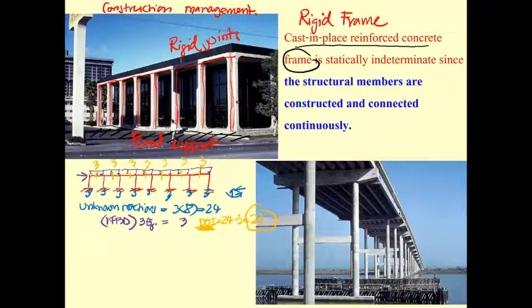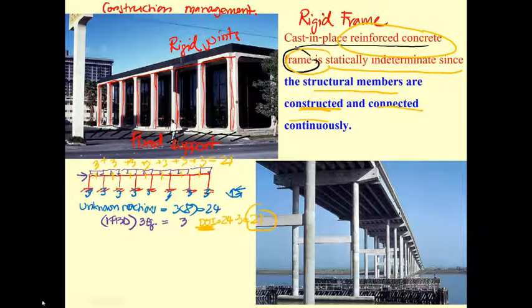This also equals a total of 21 degrees of indeterminacy. Okay, the RC (reinforced concrete) frame is usually a statically indeterminate structure, since the structural members are constructed as cast in place and they are connected continuously.